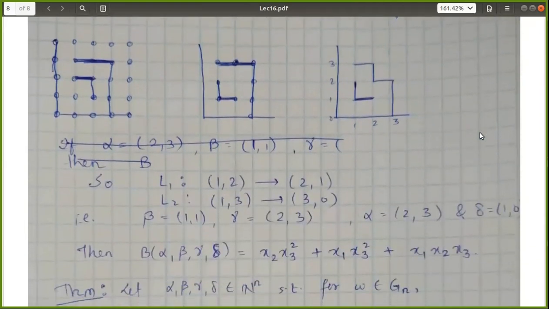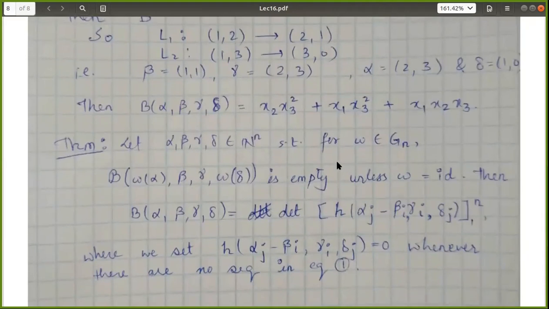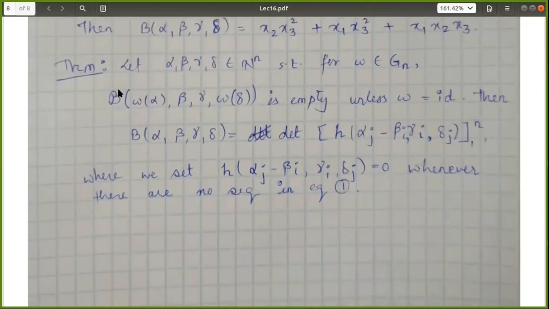Then the theorem tells us, so we'll see the example in a moment, but before that, the theorem tells us that if alpha, beta, gamma, delta are elements of n square, such that for any omega in the Gn, the cal B of omega alpha, beta, gamma, omega delta is empty unless omega is the identity permutation, then the sum of their weights is given by the determinant of the matrix whose entries are given by h of alpha j minus beta I, delta I, gamma I, delta j.